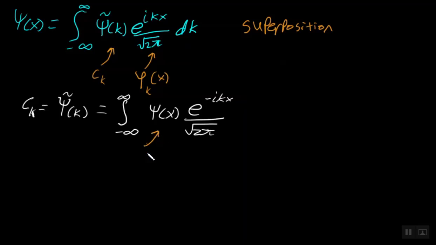And I forgot our dx. So this is psi of x. This is phi sub k of x complex conjugate. And so this is our inner product.